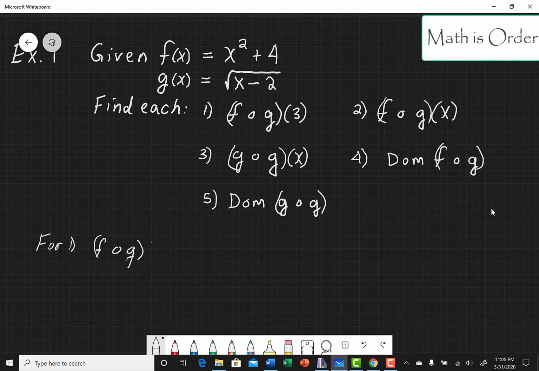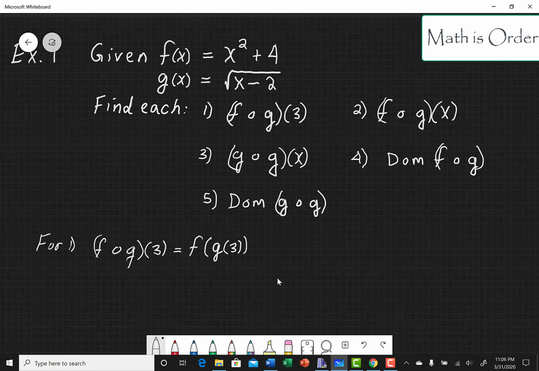So we go ahead and begin by writing down the definition of composite functions, which says that f composed with g of x is f(g(x)). So here we're putting f(g(3)). So notice we're inputting a number here.